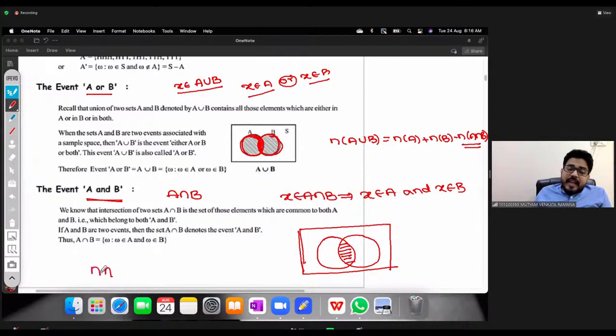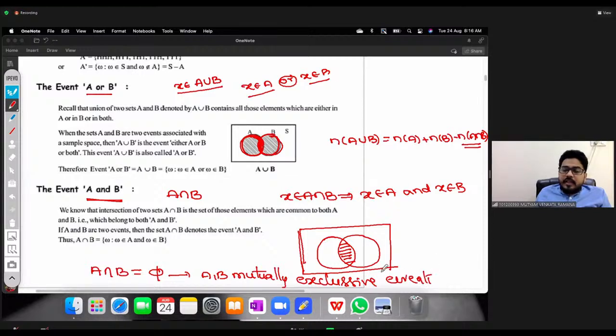If A intersection B is a null set, we call A, B mutually exclusive events. It means occurrence of one event prevents the occurrence of the other event. Mutually exclusive events if A intersection B is equal to null set.